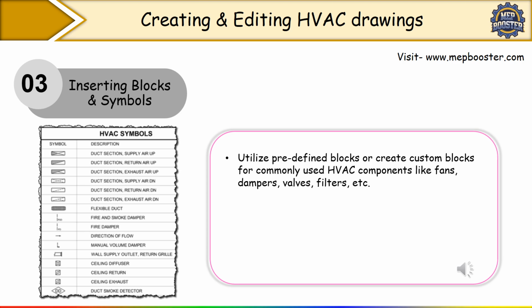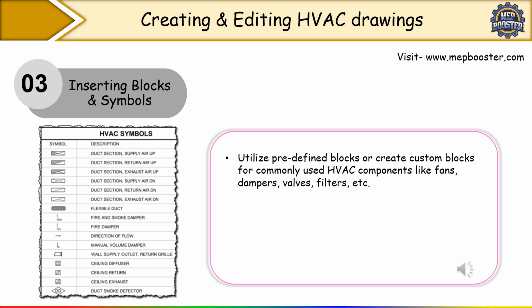Okay, so before creating block, first of all you have to identify the HVAC component that are frequently used in your drawing such as fan, damper, valves, grills, etc. Okay, then AutoCAD provides a library of standard block that may include some of the HVAC component you need. So you can access this block through AutoCAD's design center or online resources.